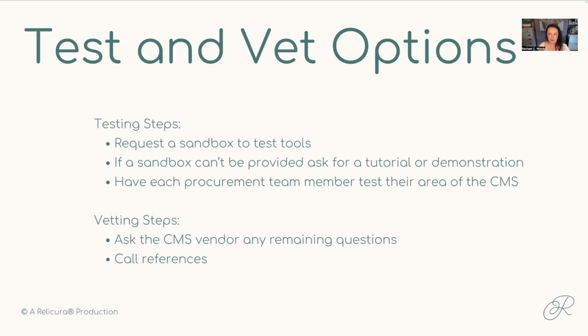Sometimes they have these references readily available, other times they don't, or it depends on what sort of organization you are before they'll provide some. But I do recommend connecting with at least 2 different institutions that use that particular product, because you'll be able to connect with them more on a peer level, and they'll be more candid with you in terms of what their experience is and how well or not the product is meeting their requirements.